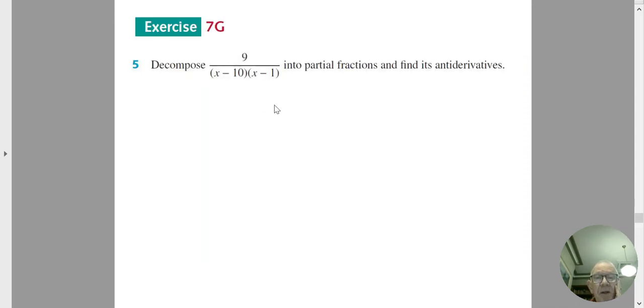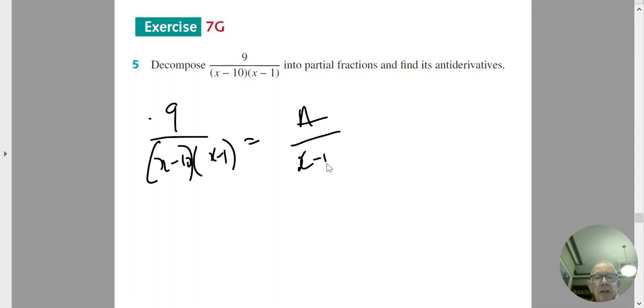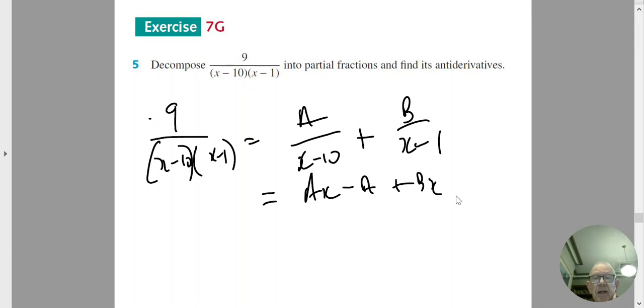So to decompose this, I would be writing 9 over (x minus 10)(x minus 1) equals a on top of x minus 10 plus b on top of x minus 1. Therefore, a times (x minus 1) plus b times (x minus 10) all equals 9.